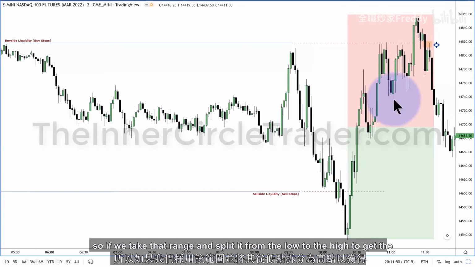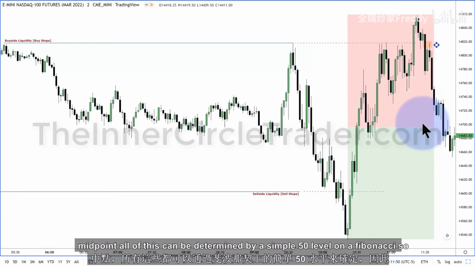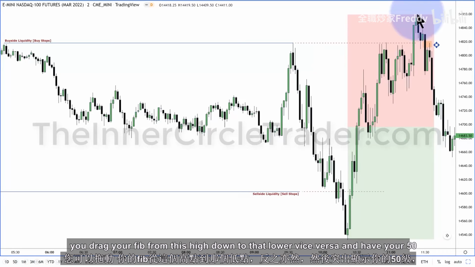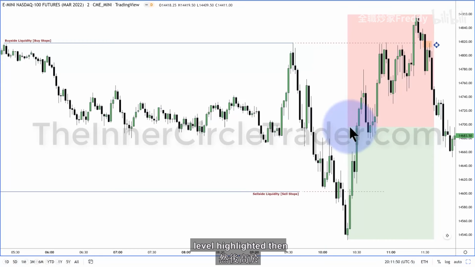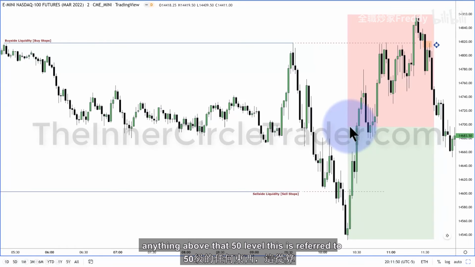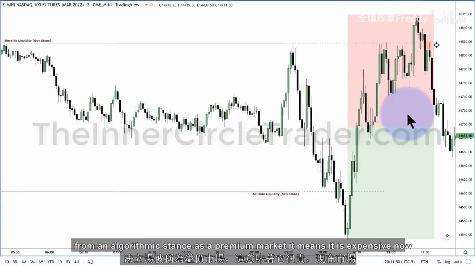If we take that range and split it from the low to the high to get the midpoint, all of this can be determined by a simple 50 level on a Fibonacci. So you drag your fib from this high down to that low or vice versa and have your 50 level highlighted. Then anything above that 50 level, from an algorithmic stance, is referred to as a premium market.